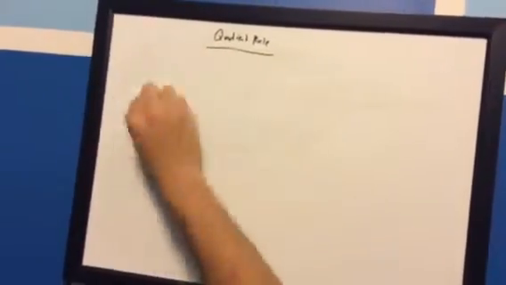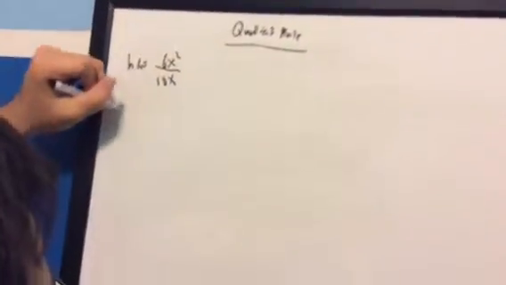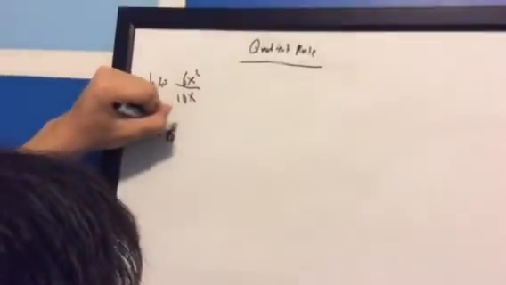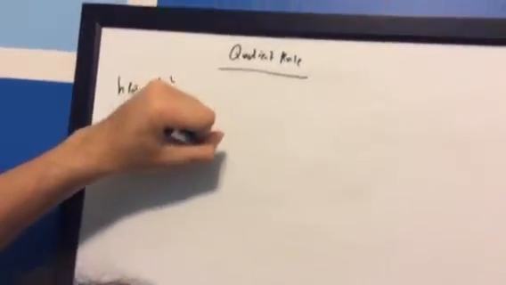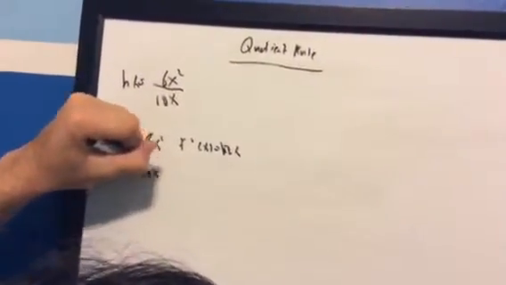Now let's put it into practice real quick. Say h of x is equal to 6x squared over 10x. Very simple basic problem. So f of x is equal to 6x squared. The derivative of f of x is equal to 12x. g of x is equal to 10x.